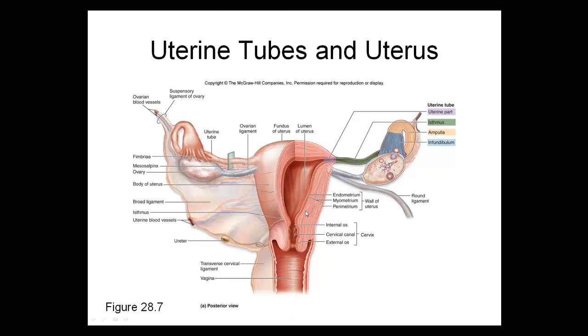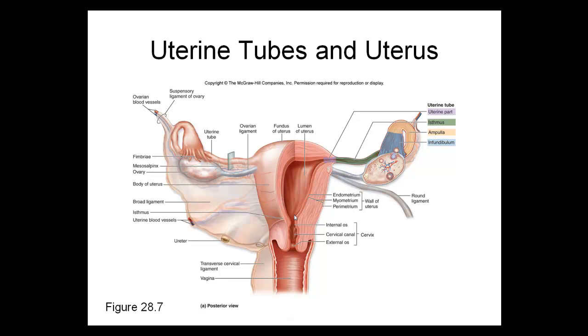Anything below that will be the body. But then we also have an area here that is the neck, protruding through the vagina, and we call that the cervix. So this over here will be the isthmus.